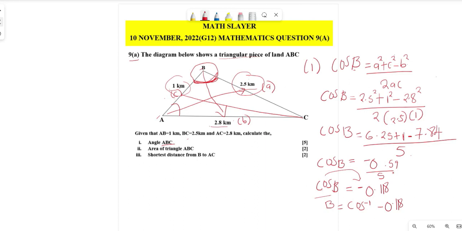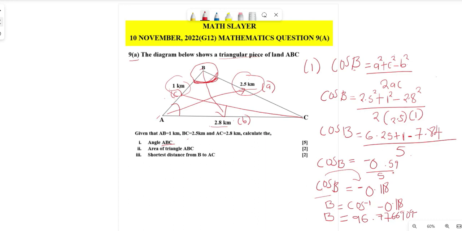When you use your calculator, the answer is 96.7766909, as it were. So this is angle B.